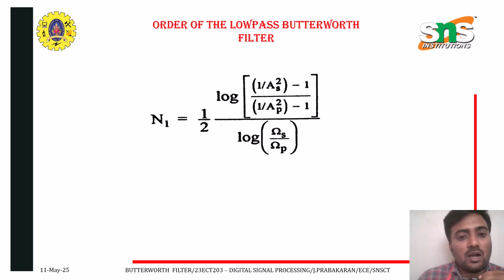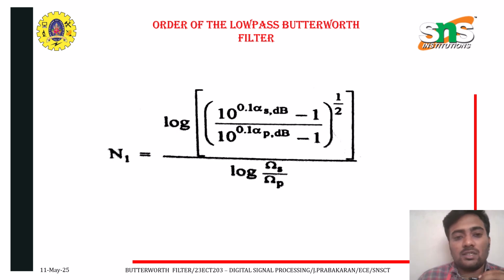This is the formula for the order of the Butterworth filter. And this is another formula, which gives the order of the Butterworth filter in terms of decibels.